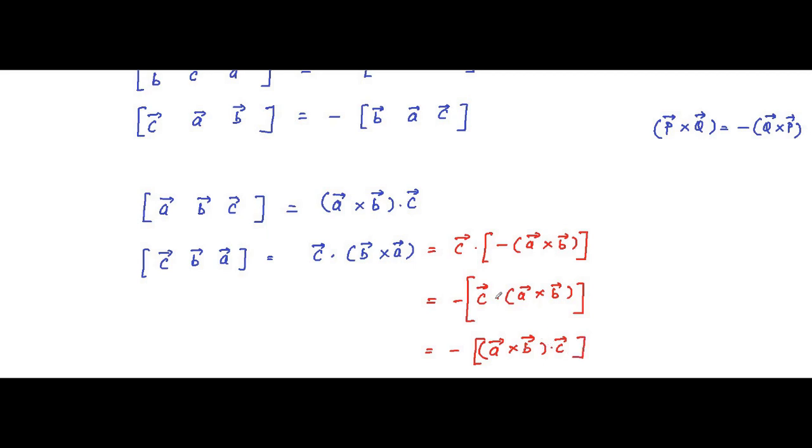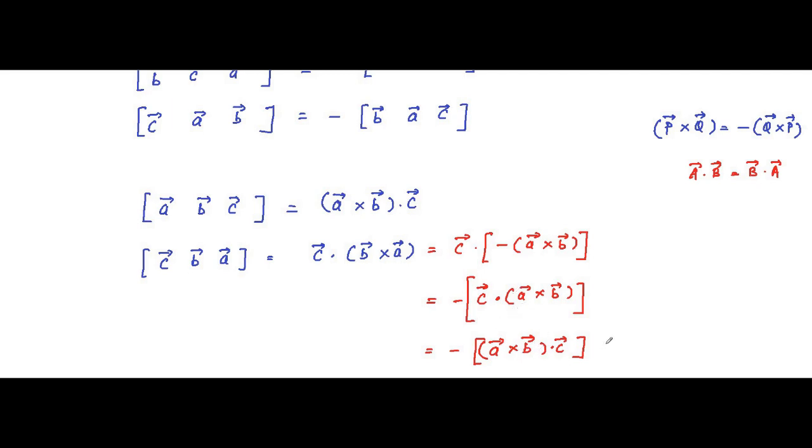This is allowed because the dot product is commutative. The cross product is not commutative, the negative sign comes, but the dot product is commutative. A vector dot B vector is the same as B vector dot A vector. So we use the same principle to manipulate it in this way.